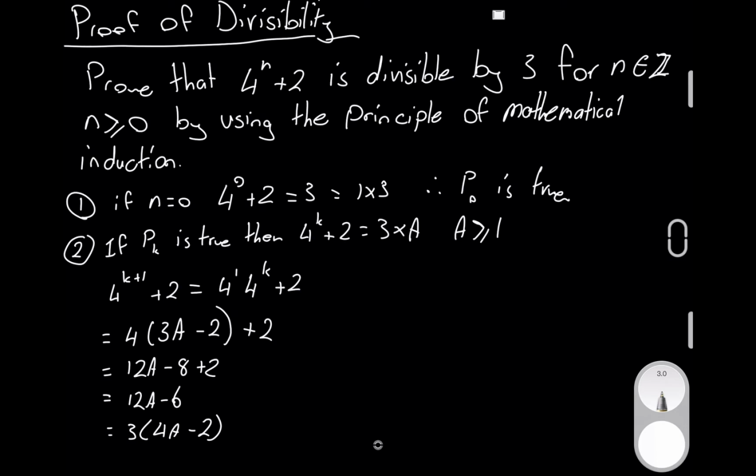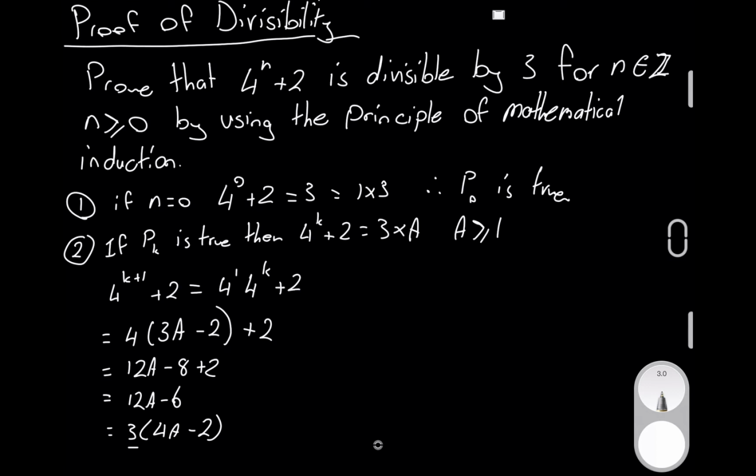So what this means is we could see that quite clearly, we could divide, doesn't matter what value of a is in there, we could divide it by 3 and it would still work because we've got this 3 here out the front, and that's what we were aiming to try and get. So try to get that 3 out the front to prove that it's divisible by 3.